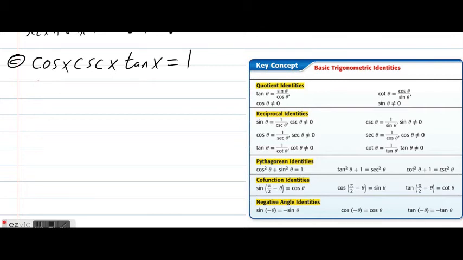Cosine of x, I can't do anything with it yet, so I'm just going to rewrite it. Cosecant of x is 1 over sine of x, so times 1 over sine of x, and then tangent of x, I think by now you guys know, is sine over cosine.